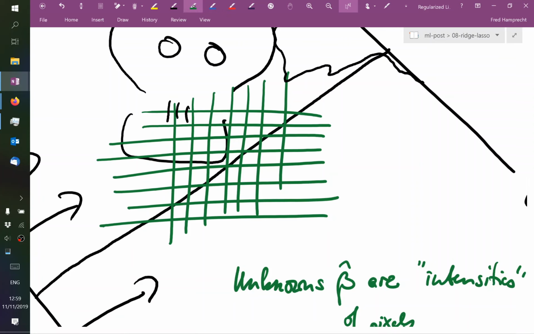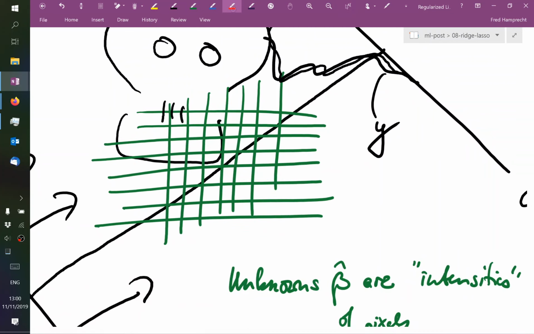The curve that I measured, this absorption pattern here, those were my measurements y. And now the x is going to tell me to what extent my particular measurement, or my single X-ray, interacted with each of the pixels in my image.